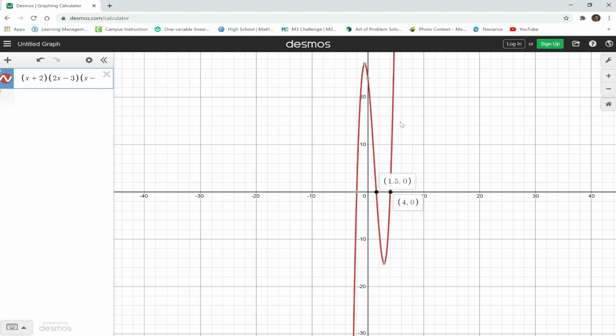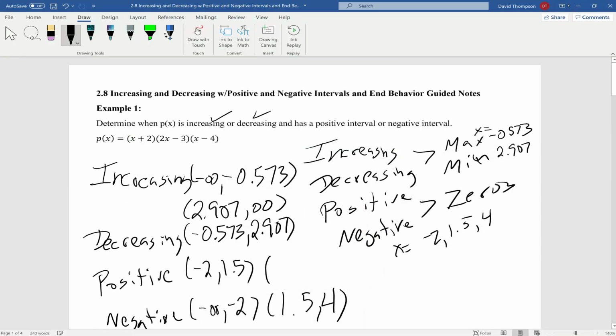And then from 4 to positive infinity, we are positive again, above the x-axis. Our negative intervals are below the x-axis. So to reiterate, our increasing and decreasing intervals use our maxes and mins. Our positive and negative intervals use our zeros, which again were negative 2, negative 1.5, and 4. And we are done with example 1.